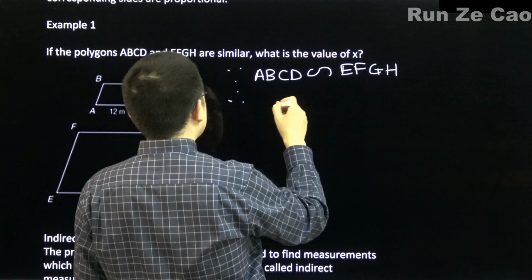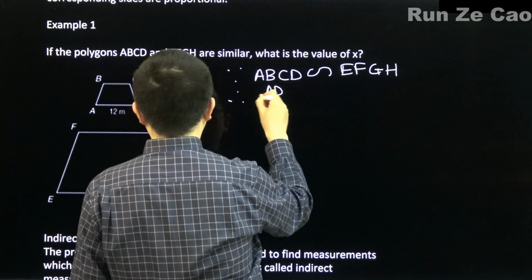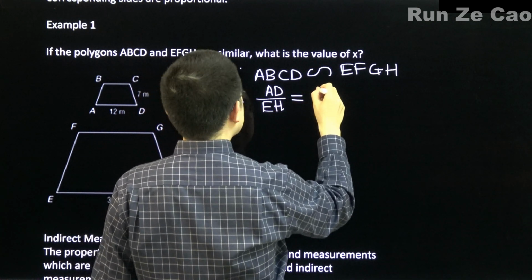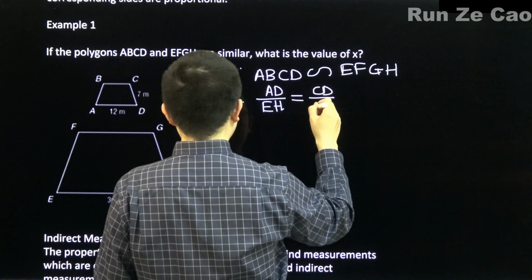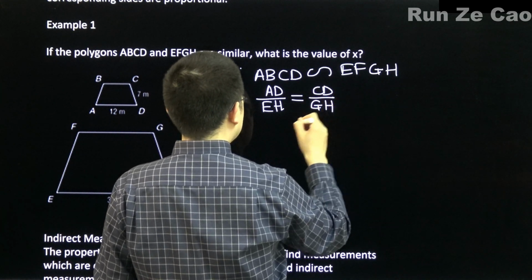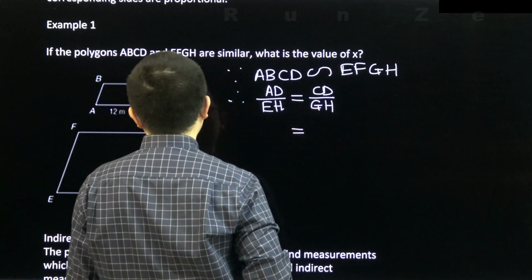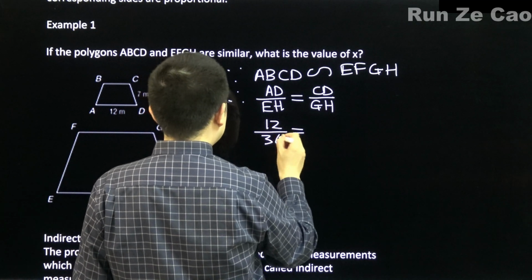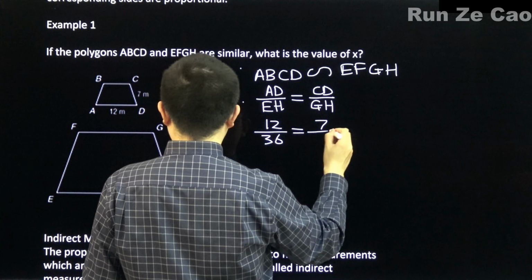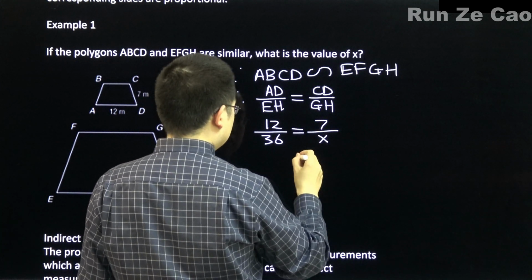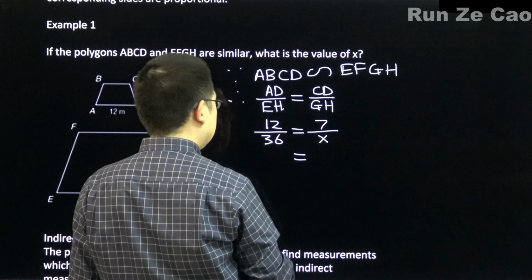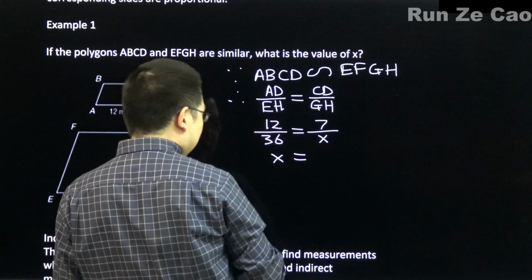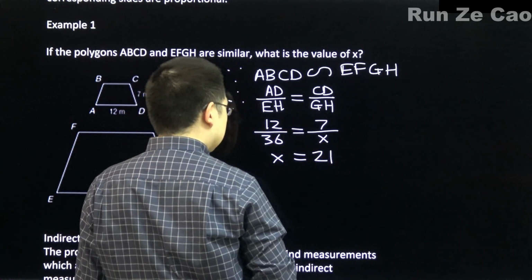Therefore, AD over EH is equal to CD over GH. And now we can substitute in. AD is 12 over EH is 36. CD is 7 over GH, which is x. So this is 1/3. If you cross multiply the x over, you end up with x equals 21.